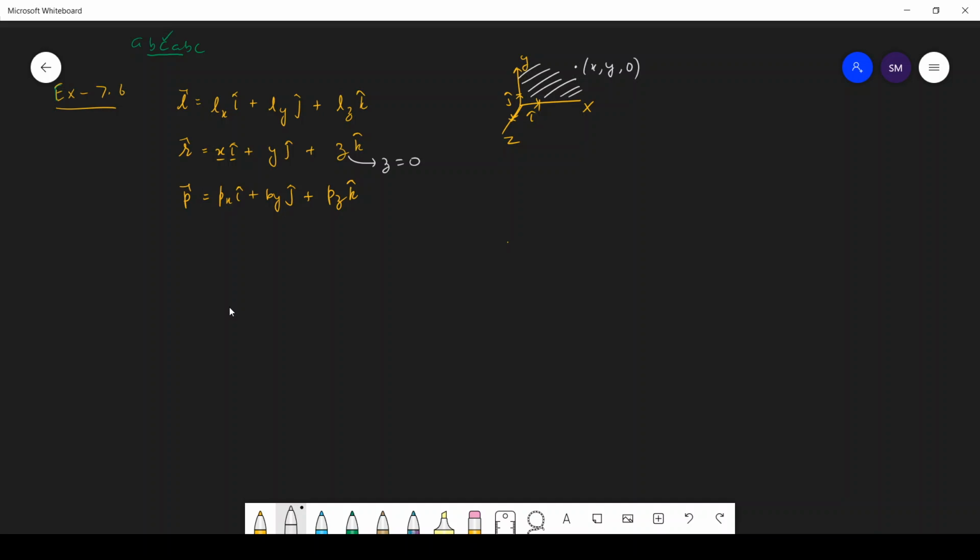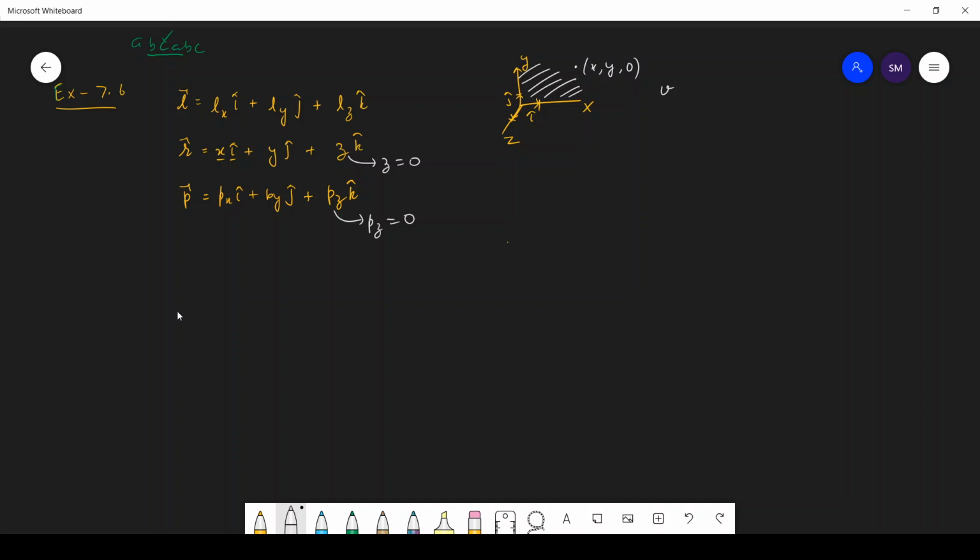Now, what about its momentum in the z direction? Of course, if the particle is moving in this plane, its linear velocity will also be in the xy plane, so the momentum in the z direction will also be 0.